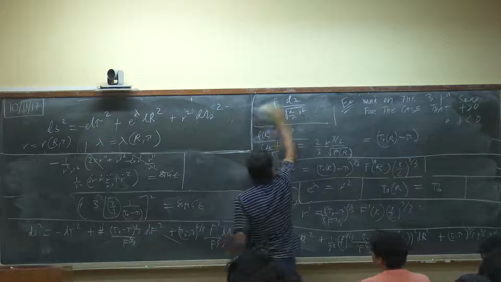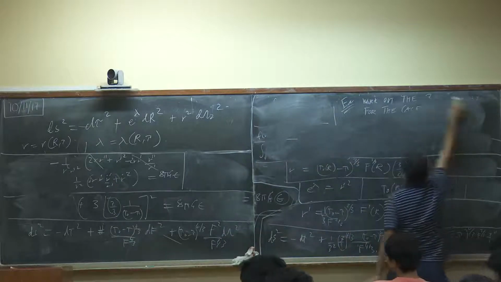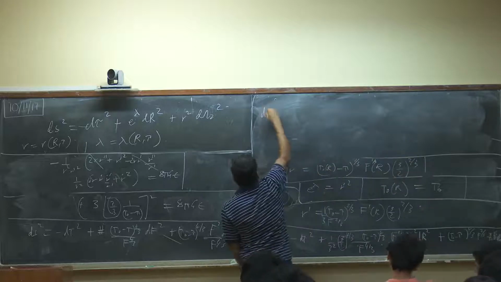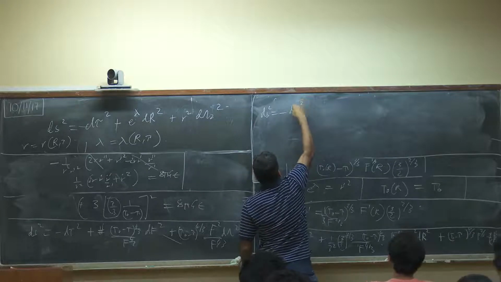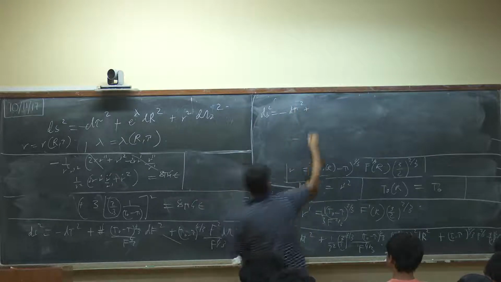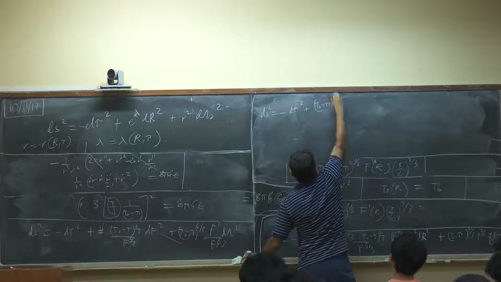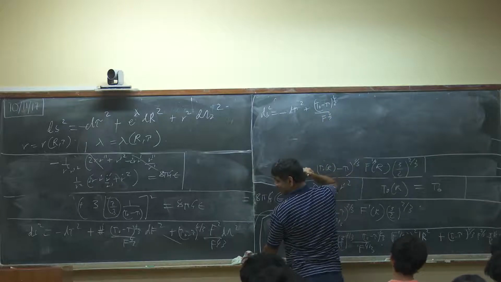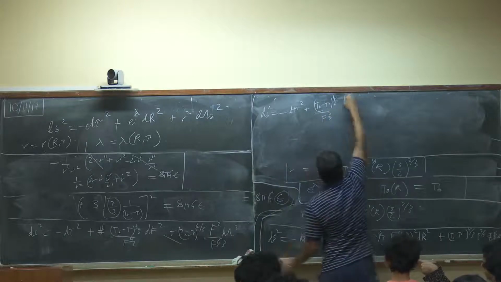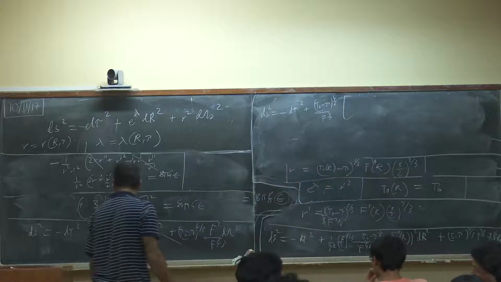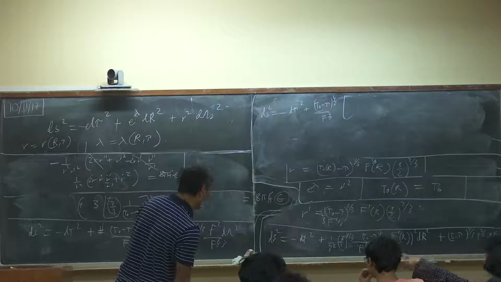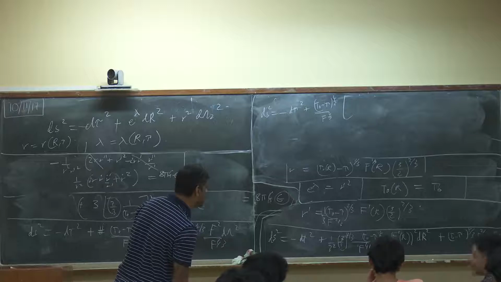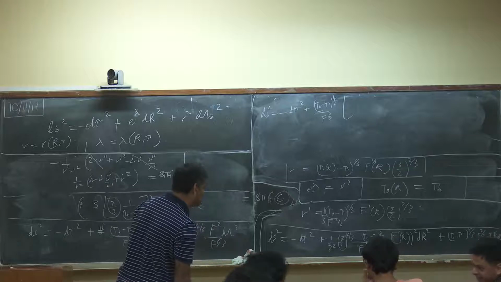Very nice. Okay, so let's write this even more simply. ds squared equals minus d tau squared plus tau naught minus tau to the power 4 by 3 divided by f to the power 4 by 3. However, the factor of 1 over 9 is an additional factor over there, and this 1 over 3 squared which was there is not here, but we can fix it by scaling.